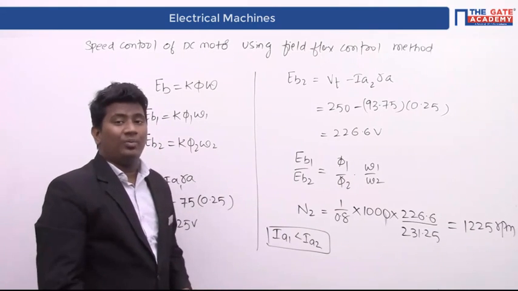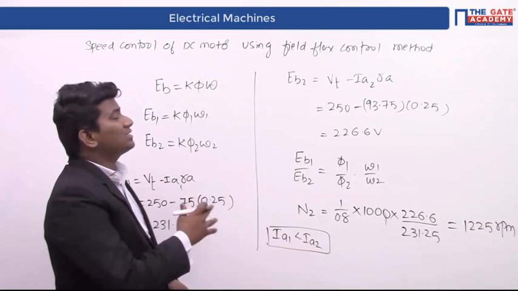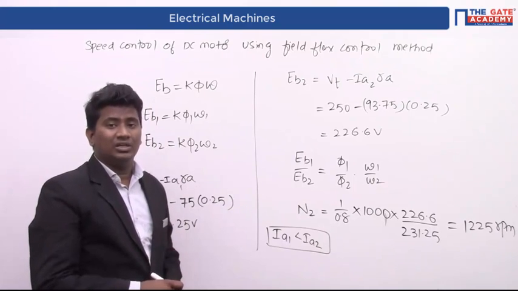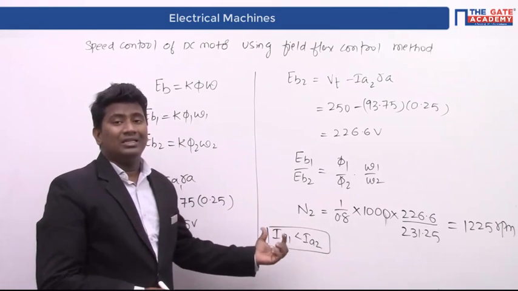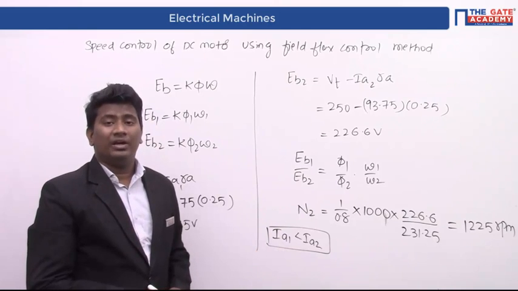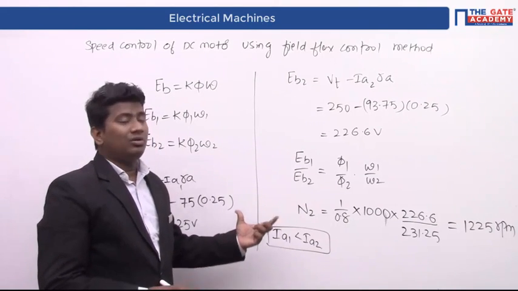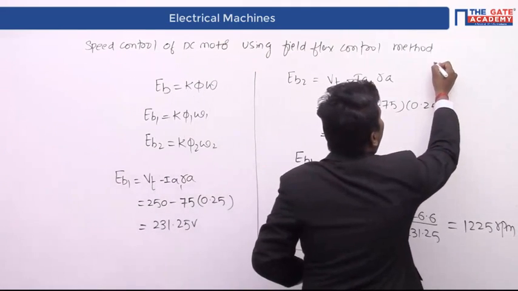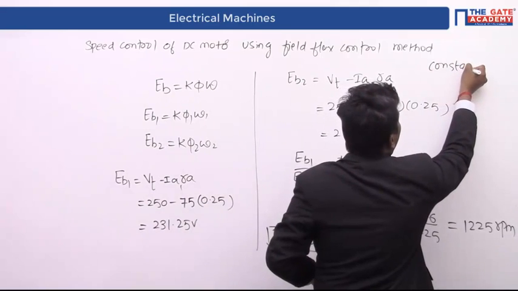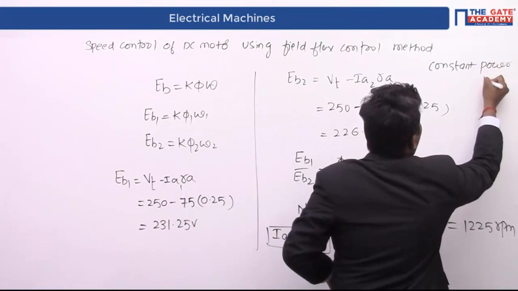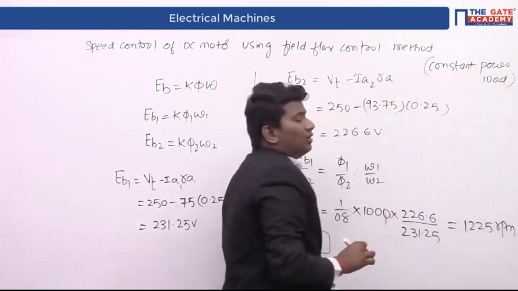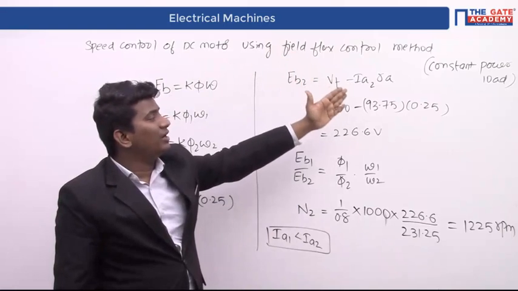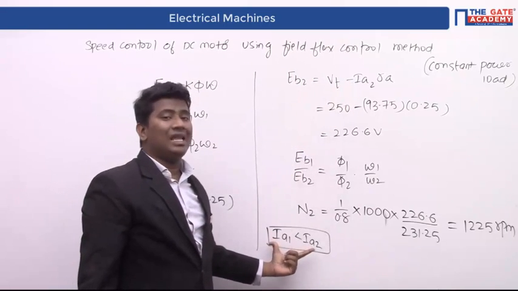To avoid this problem, we should not use this kind of mechanism for constant torque load. As of now, they have given the question for a constant torque load application, but actually this kind of application is not suitable for constant torque loads. The flux control method is suitable for constant power load only. Whenever you find any field flux control method, you have to apply it for a constant power load to maintain the same rated current.